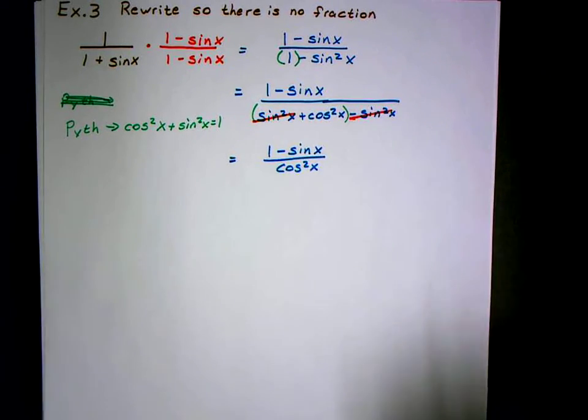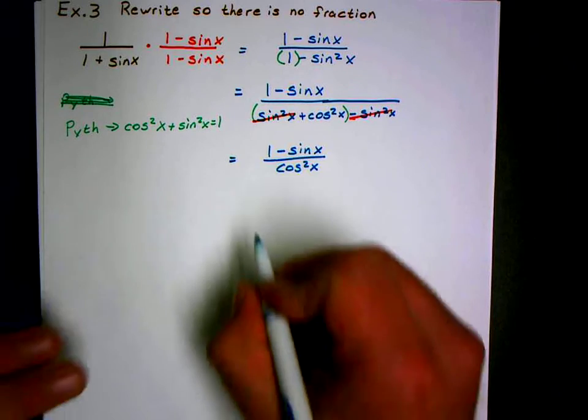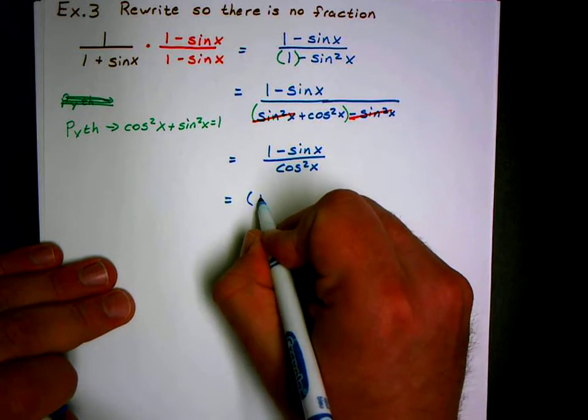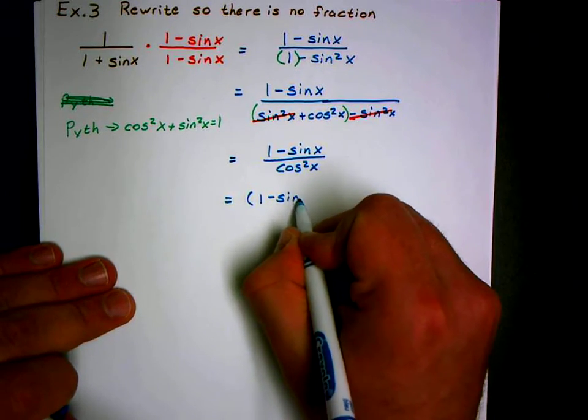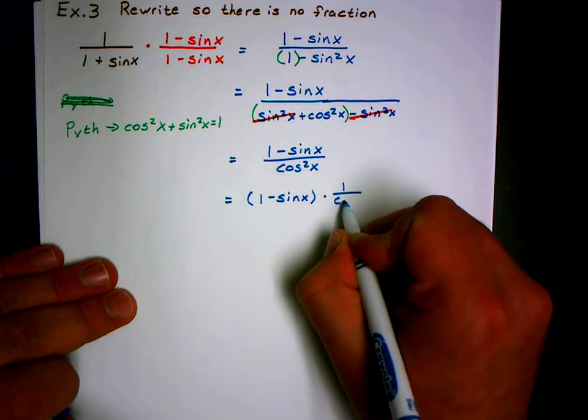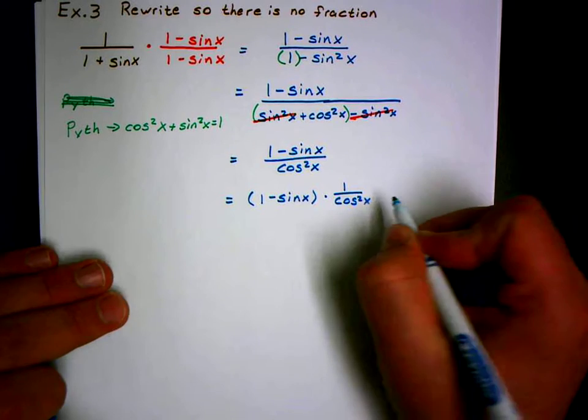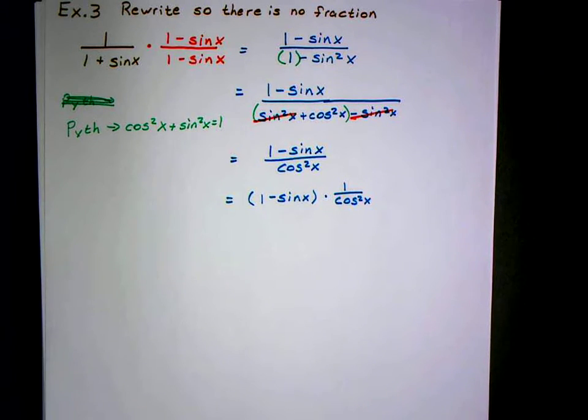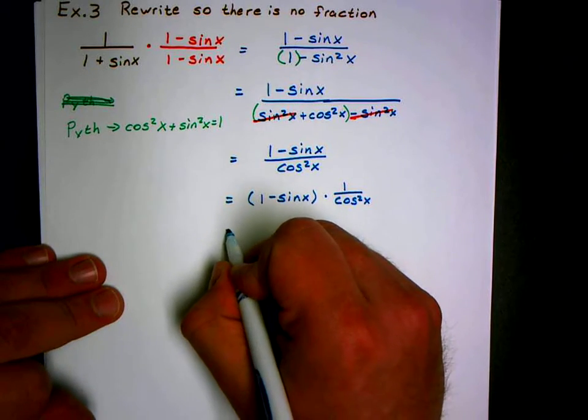Okay, the whole point of this was to get rid of the fraction. So now that I just have a cosine on the bottom, what is 1 over cosine? Secant.